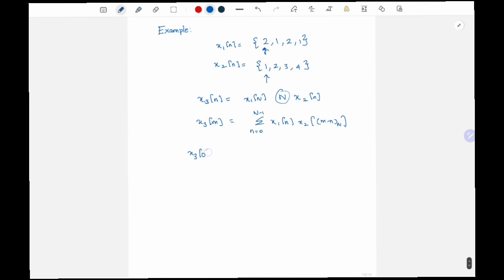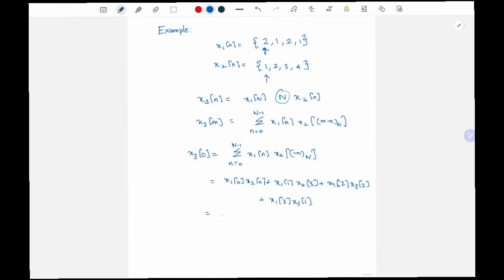So if I have to find x3 of 0, I'll have summation n equal to 0 to n minus 1, x1 of n, x2 of 0 minus n modulo n. Which is nothing but x1 of 0 into x2 of 0 plus x1 of 1 into x2 of 3 plus x1 of 2 into x2 of 2 plus x1 of 3 into x2 of 1.